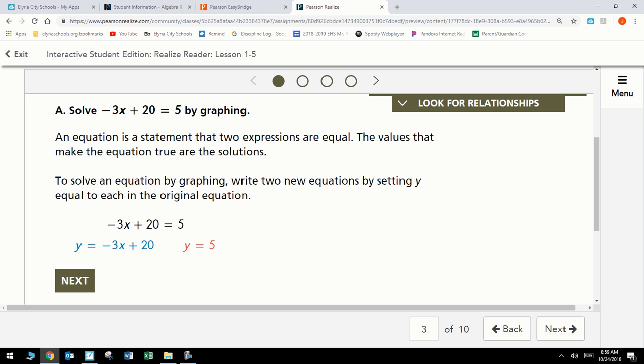So if I want to solve this by graphing, we can kind of set it up like a systems of equations. I could say one equation I could graph is negative 3x plus 20, and another equation I could graph is 5. So I have y equals negative 3x plus 20, and y equals 5.